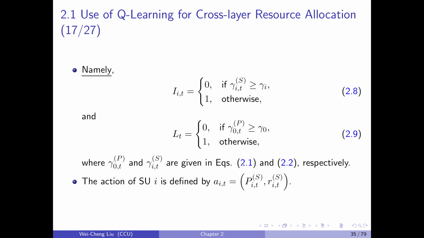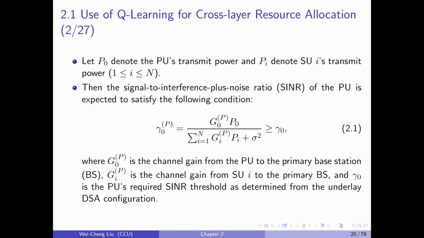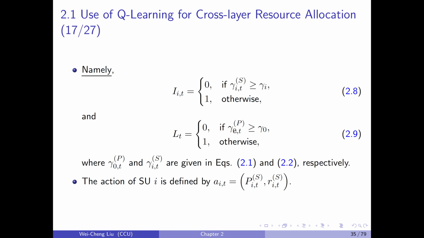Let us go to equation 2.1. In equation 2.1, we can see that gamma_0^P is the signal to interference plus noise ratio, SINR, of the primary user. So here gamma_0^{t,P} is the SINR of the primary user at time t.